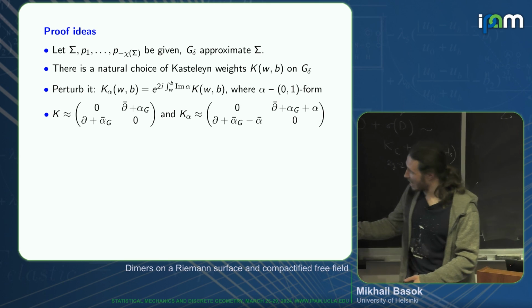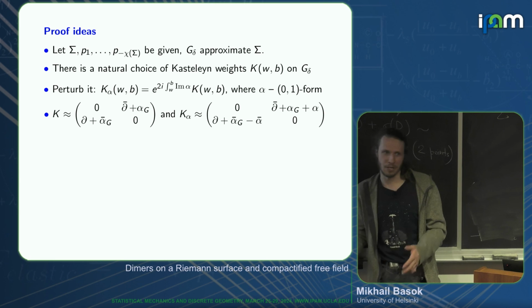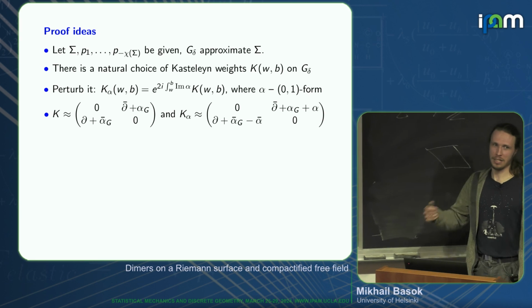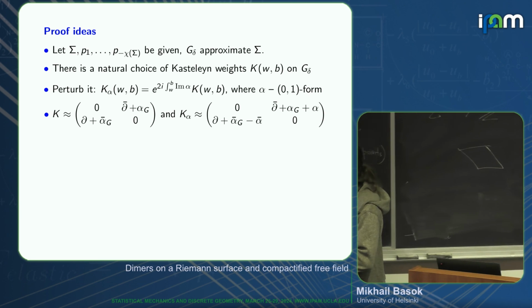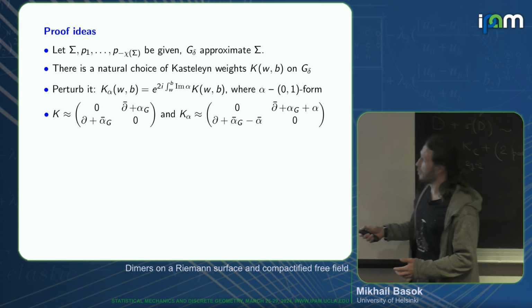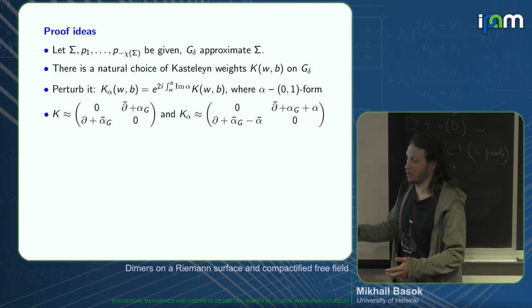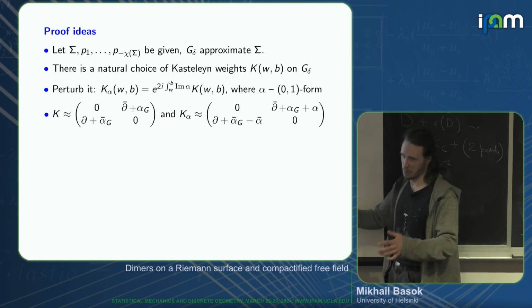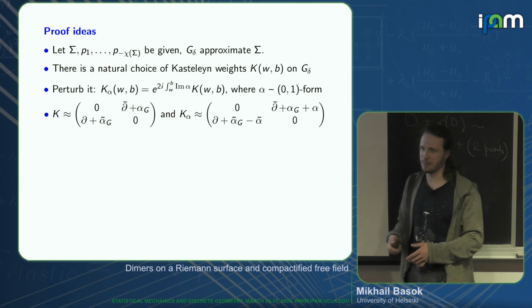Then this Kasteleyn operator can be treated as a Dirac operator. There is strong evidence that it is a Dirac operator. In this case it will also be true, but it will be a Dirac operator perturbed by a certain 0-1 form that depends on the graph. And here is how this answers how the subsequential limit is determined, because this form might be different for different graphs.